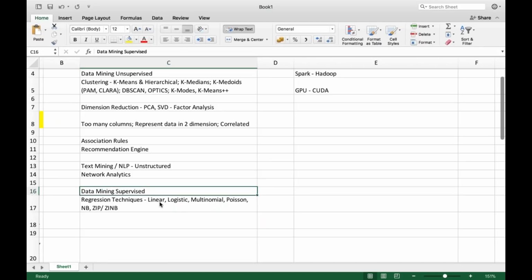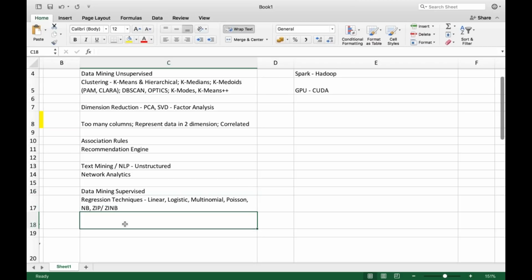When do you use linear regression? When your output variable is continuous. When do you use logistic regression? You use logistic regression when you have a discrete output variable.